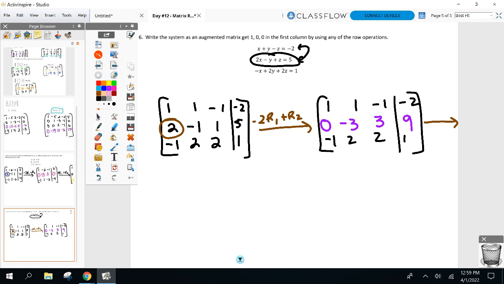Any issues with our row 2? Now, how do I get that -1 in row 3 to become a 0? Add row 1 to it. I don't need to multiply by anything.